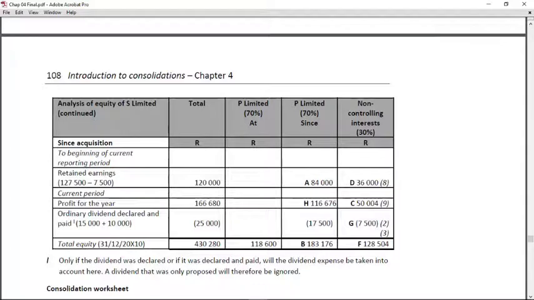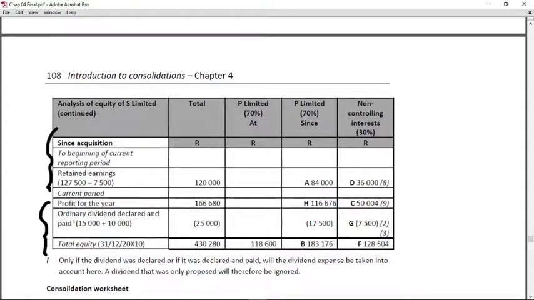The analysis of equity then also has a since-acquisition opening balance section and a current year section. The reason why the analysis is set up like this is because it talks to the statement of changes in equity, where you have an opening balance and you show the detail of the current year movements in your equity items.